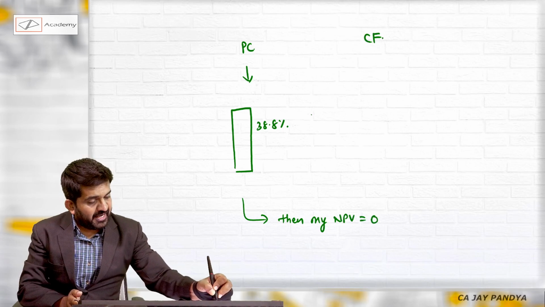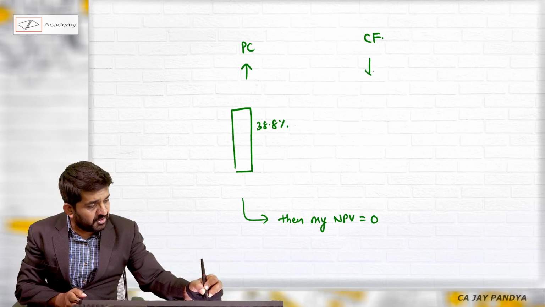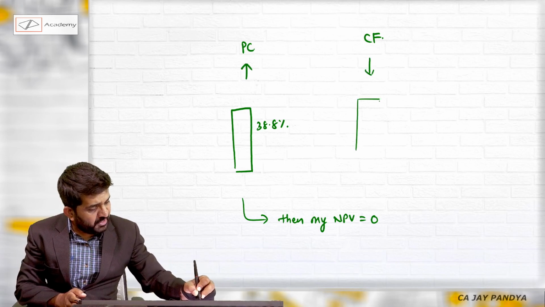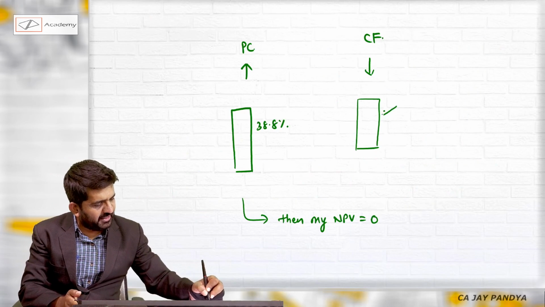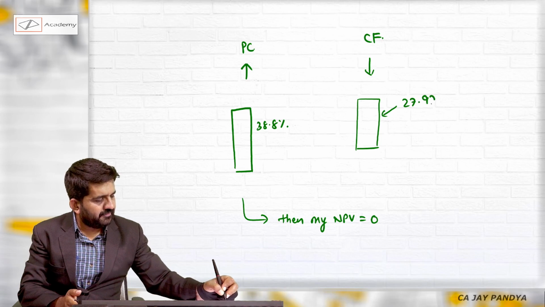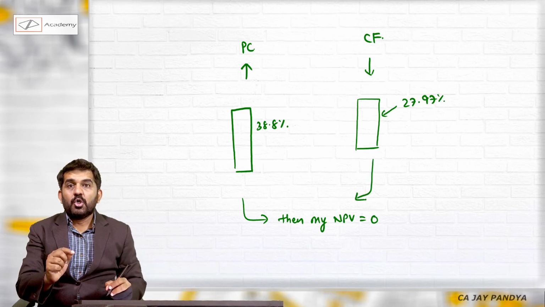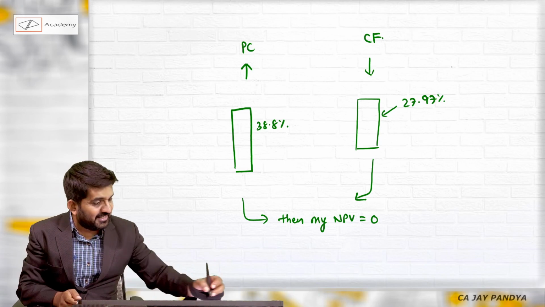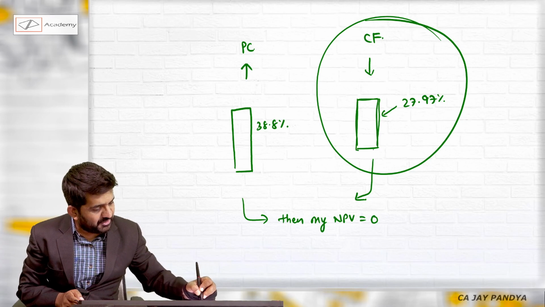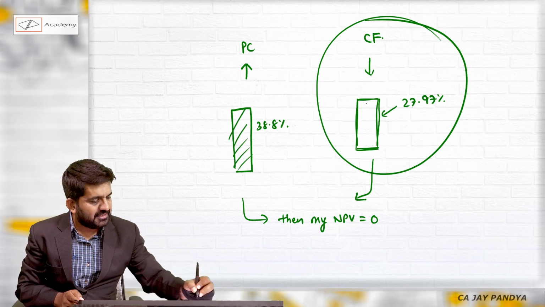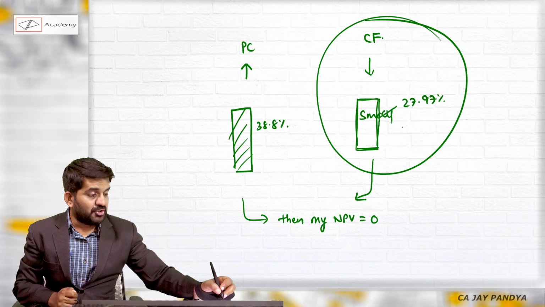But if the cash flow decreases only by 27.97%, then also my NPV will become 0. So which is more sensitive? This is more sensitive. Even if this bar is small as compared to this, then also this is more sensitive.